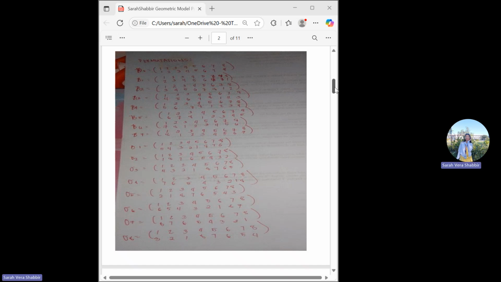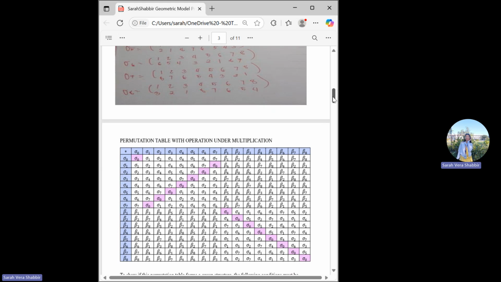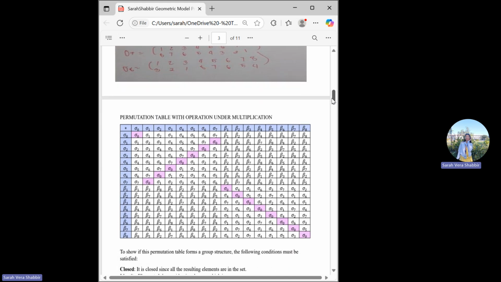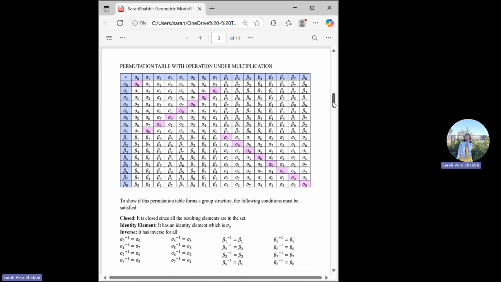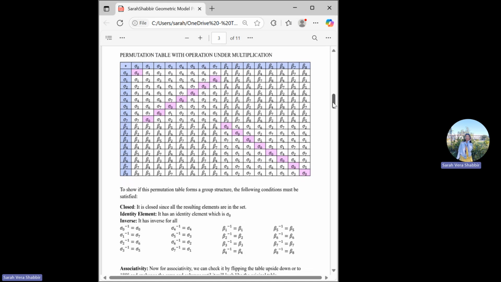So to prove that Z is a permutation group, we need to verify the four group axioms under composition. Here's the permutation table with the operation under multiplication. Let's see if it is closed.